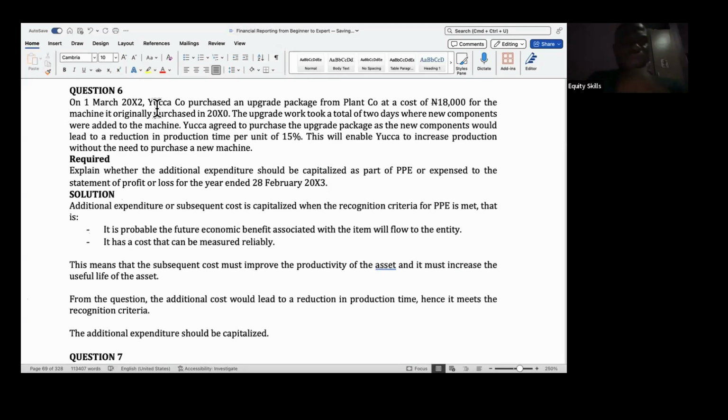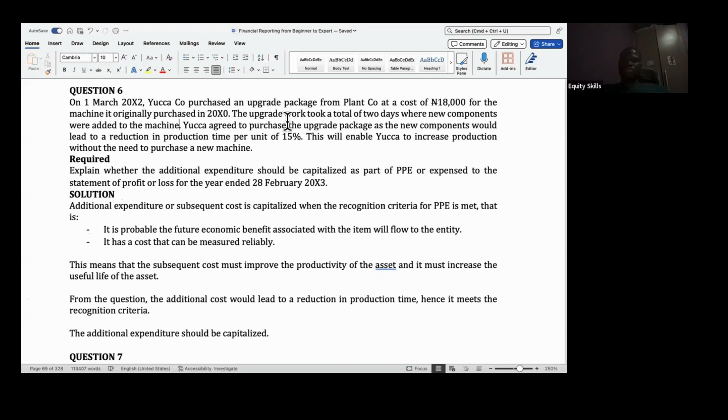It says on 1st of March 2002, UCACO purchased an upgrade package from PlantCo at a cost of 18,000 for the machine it originally purchased in 2000. The upgrade work took a total of 2 days, where new components were added to the machine.